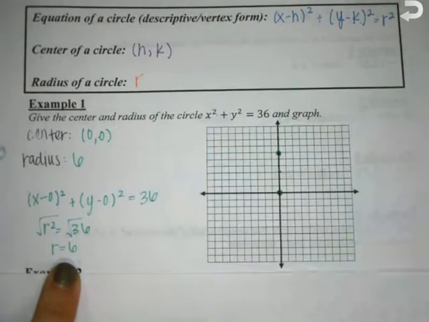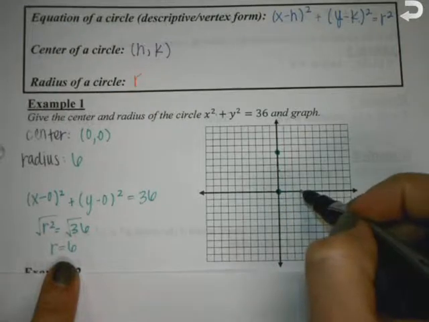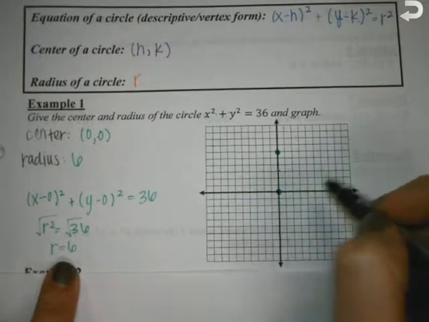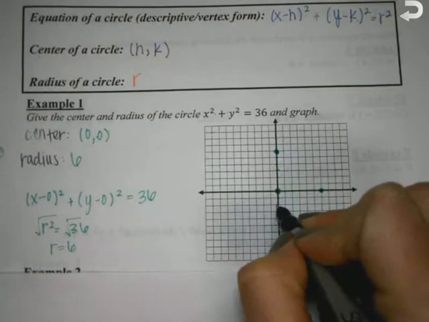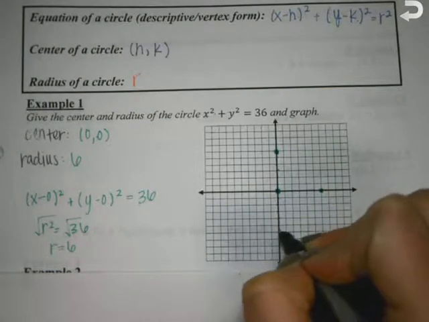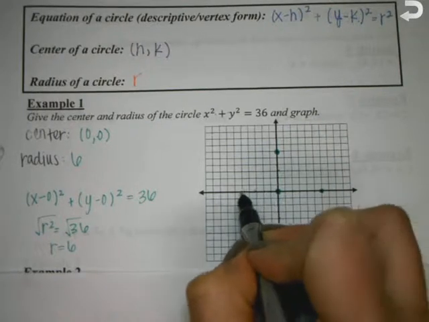Right, 6. 1, 2, 3, 4, 5, 6. Now 2 points is not enough to sketch the whole circle, so let's do 2 more. 1, 2, 3, 4, 5, 6, and then let's go left. 1, 2, 3, 4, 5, 6. Does this look like enough points to sketch the circle?